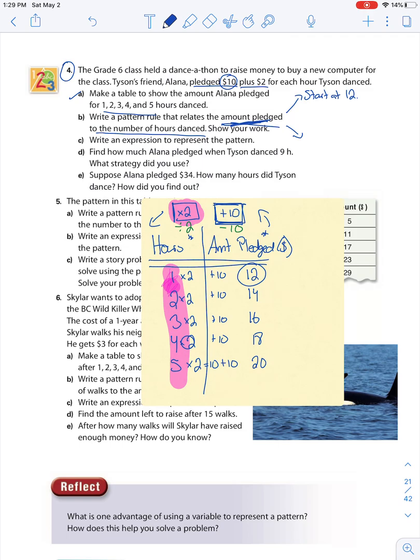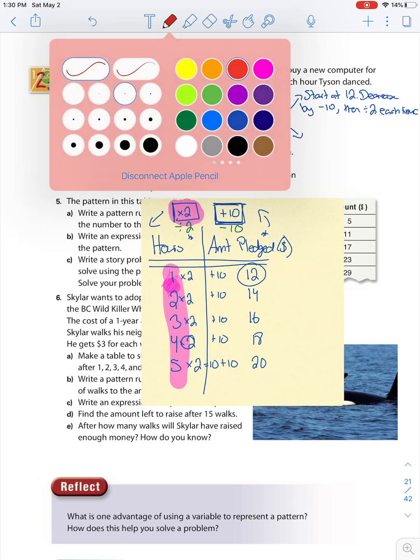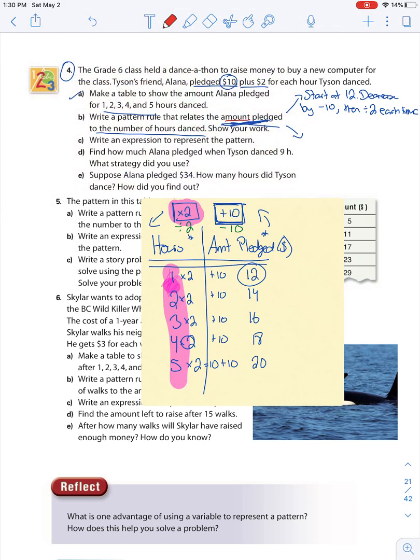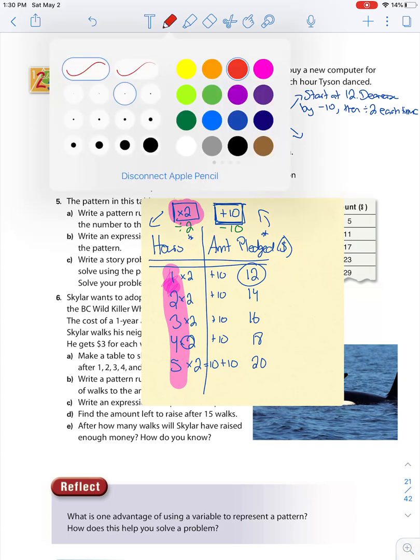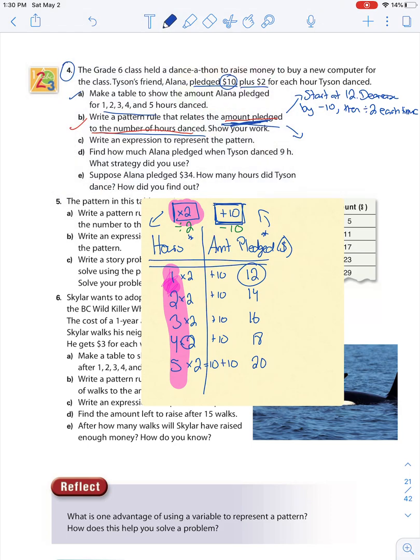So start at 12, and then decrease by subtracting 10, then divide by 2 each time. If you had that, technically that is the correct answer for this one because it's asking in this order. That's really tricky though. So if you said it this way, then we'll still give the mark.